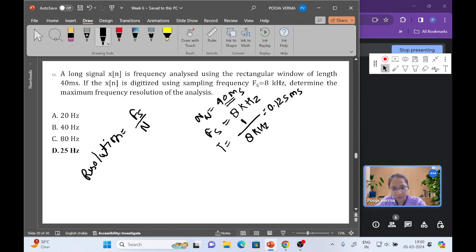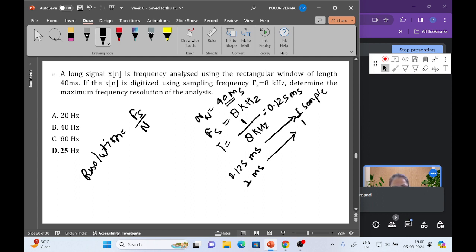So for one sample, the time required is 0.125 millisecond. Then for 1 millisecond, how many samples will we get? That is 8 samples, right?